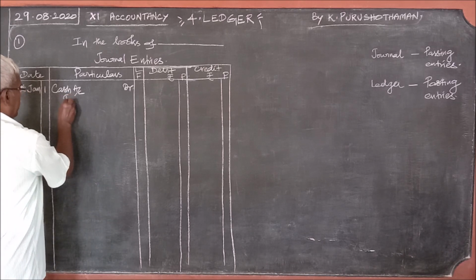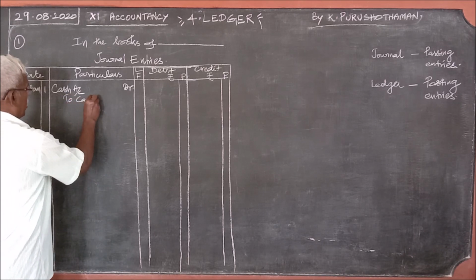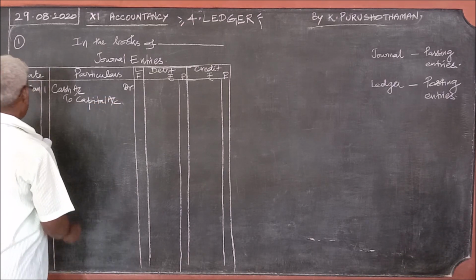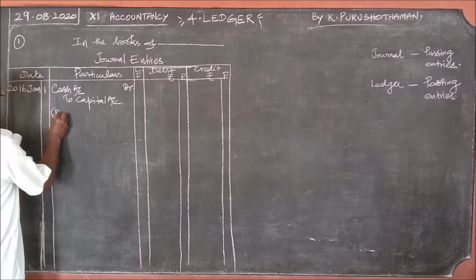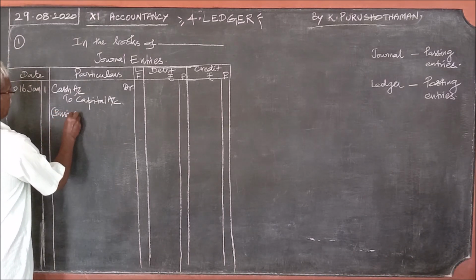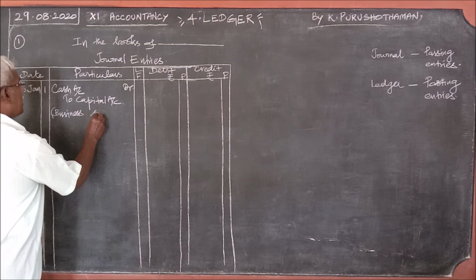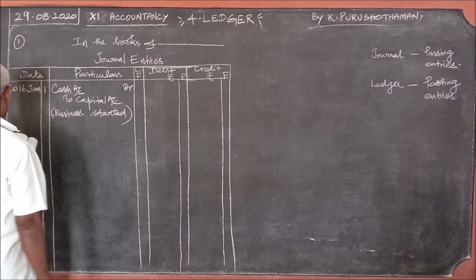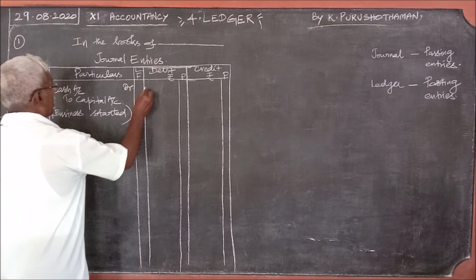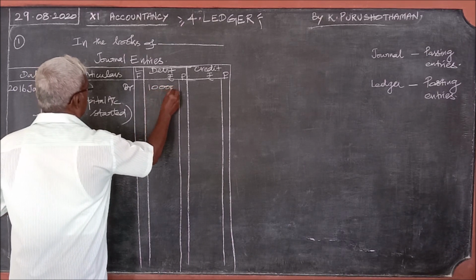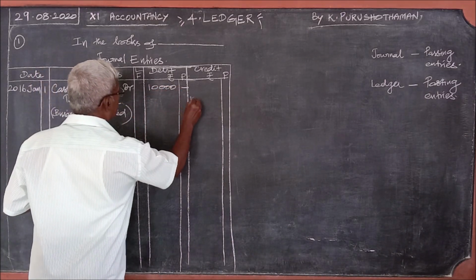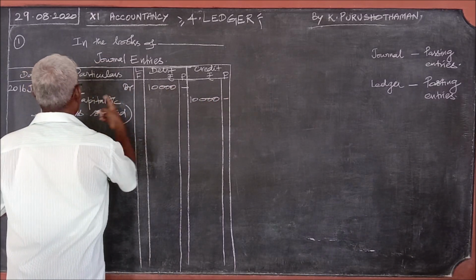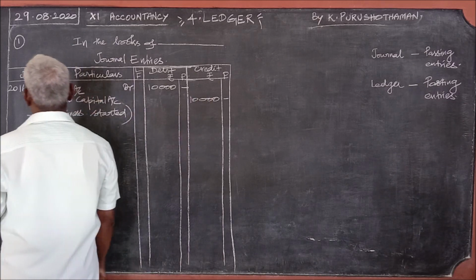So cash account debtor to capital account. Narration is business started. Whatever term is given in the problem, you use the same. The amount is 10,000. For the debit in the debit column, for the credit in the credit column.